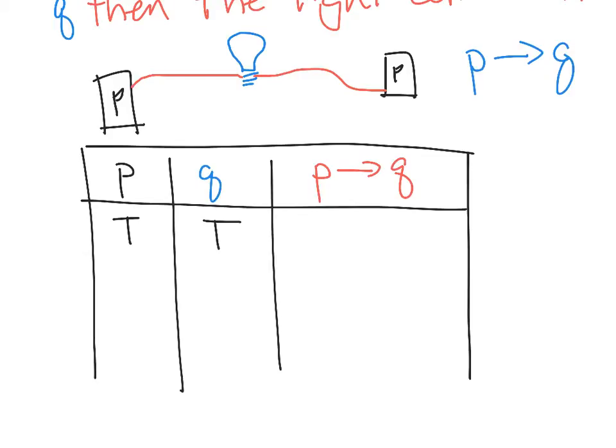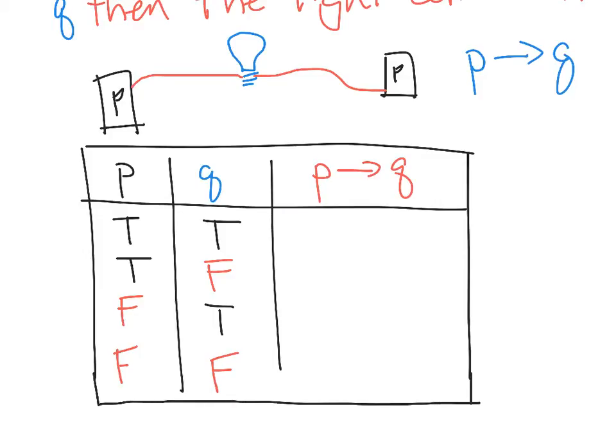P could be true and Q could be false. P could be false and Q true. And we could have P being false and Q also being false. So this is every different combination of true and false for the two statements. Let's take a look at the first one.